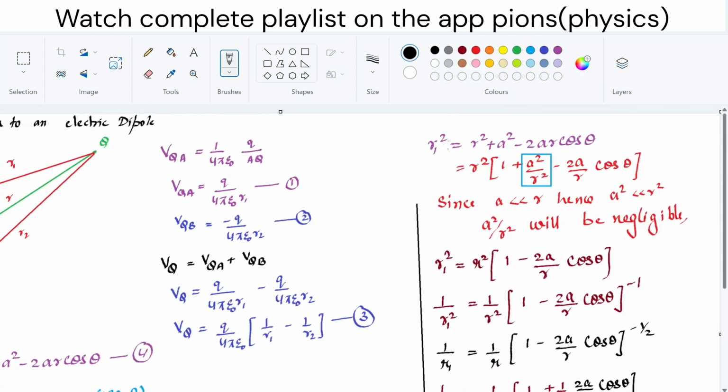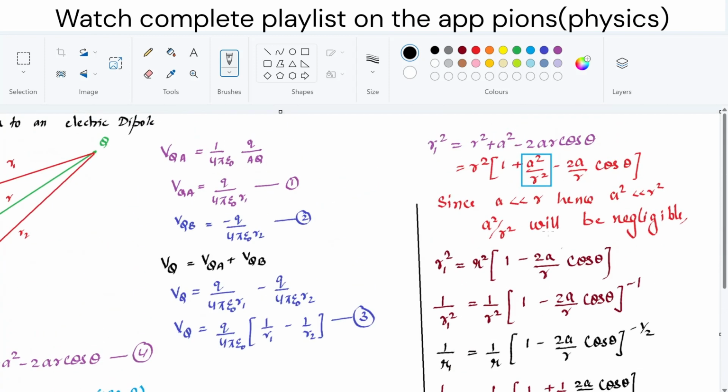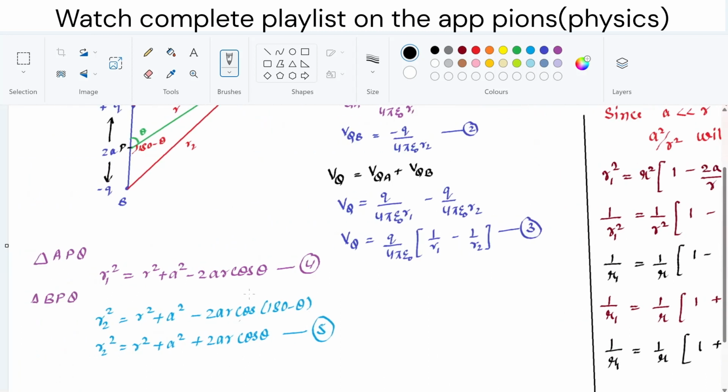And from where we started, from this purple equation, R1 square equals R square plus A square minus 2AR cos theta, and we got this, right? Now, if you see equation number 4 and 5, there is a very slight difference between equation 4 and 5. All the terms are similar. R square is the same as here R square, A square is similar to A square. Minus 2AR and only plus 2AR.